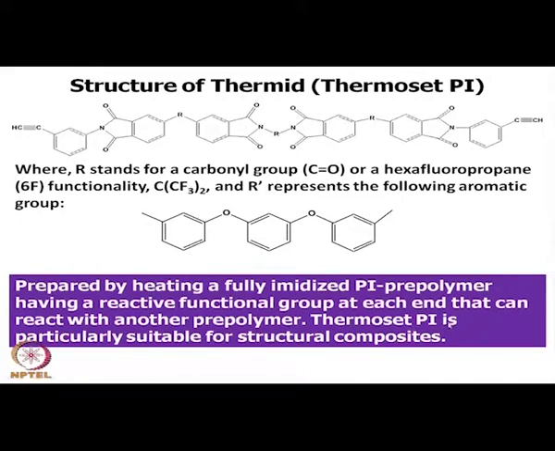Thermoset polyimide is particularly suitable for structural composites, as you have seen in the case of Kapton matrix and carbon fiber. Here also this polymer can be used as a matrix along with graphite fiber or carbon fiber that can give high performance structural composites, particularly for aerospace field application.